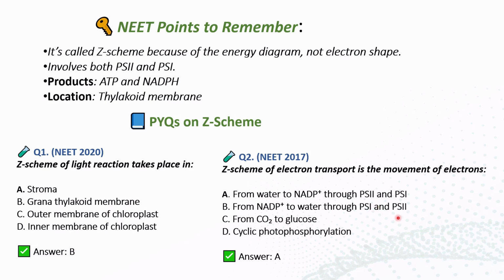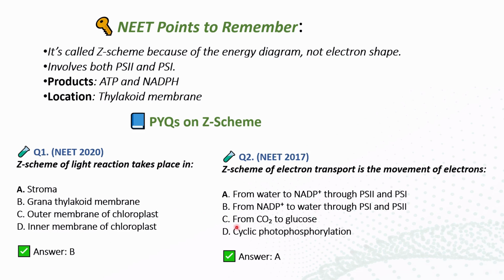So in the second option, they have given PS1 to PS2, but it's not correct. Another thing, here they are giving NADP plus to water. Obviously you know that water is hydrolyzed first, then the electrons are released from the water molecules, then only they flow from one place to another. So this option is wrong here.